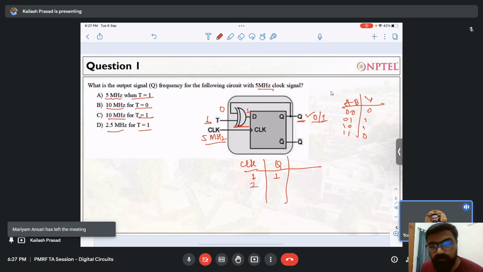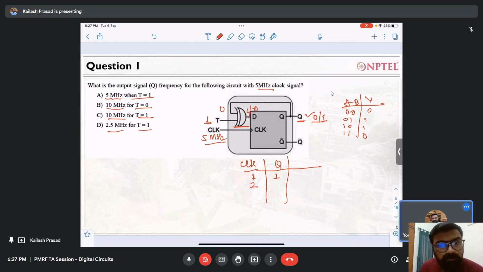Then you go to the next clock cycle. T is 1 and Q is 1, so the XOR output will be 0. In the next clock cycle, Q was 1 earlier, so Q will become 0.